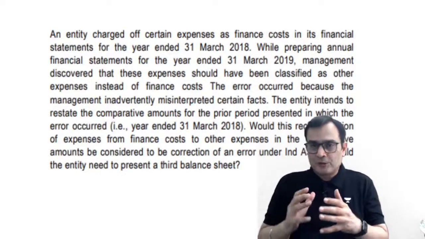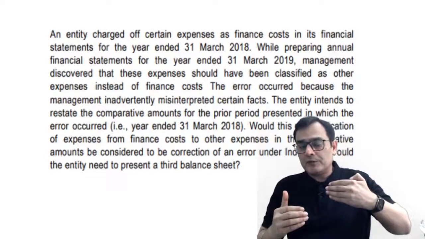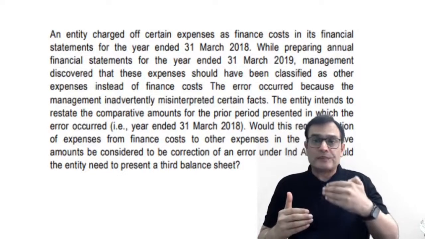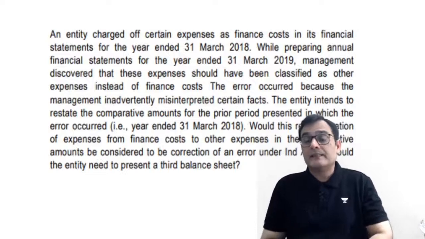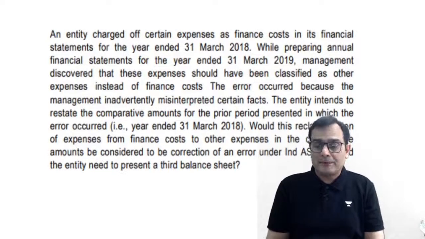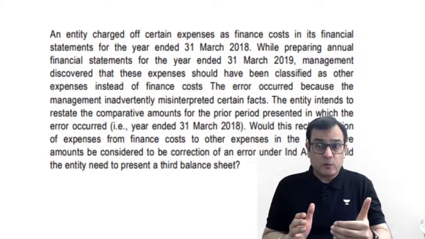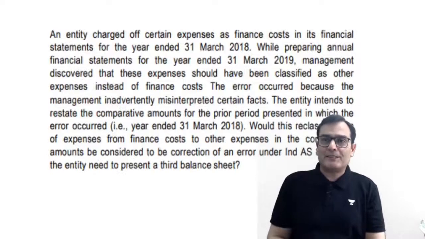So you can see in the two contrasting questions that the first question was a case of error. Then it was a case where we said it is material, but we also said that an asset and liability is getting impacted. In this example, we can see that it is a case of error, one. It has got material impact, two, but it's not impacting an asset or liability.